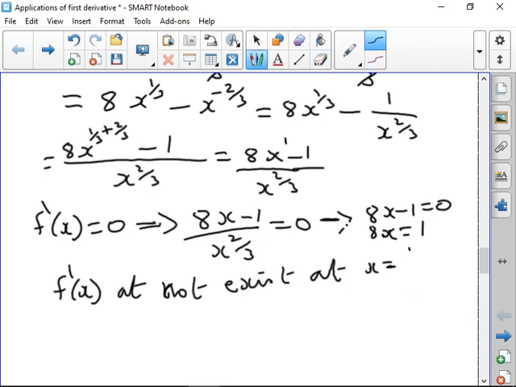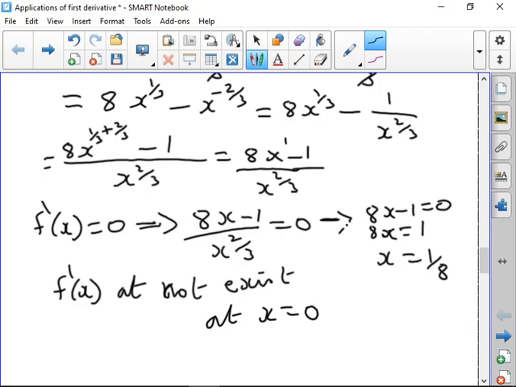Okay. So x is equal to 1 by 8, and here we have f dash of x does not exist at x is equal to 0.